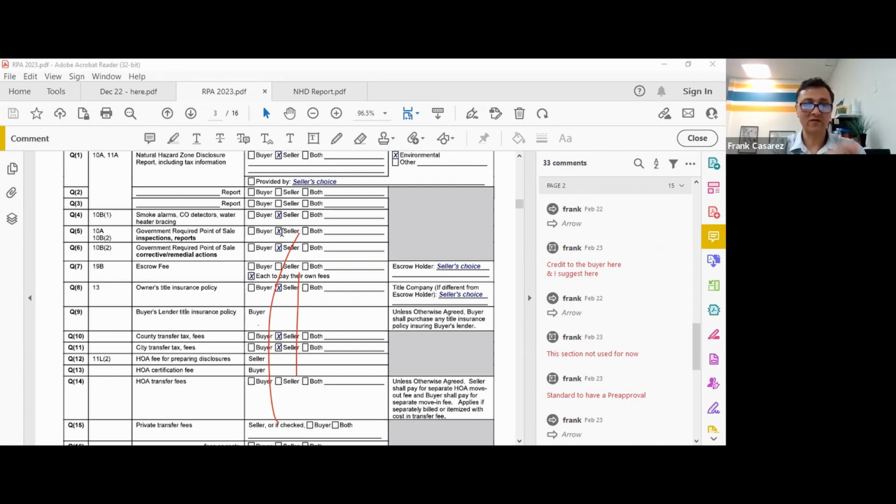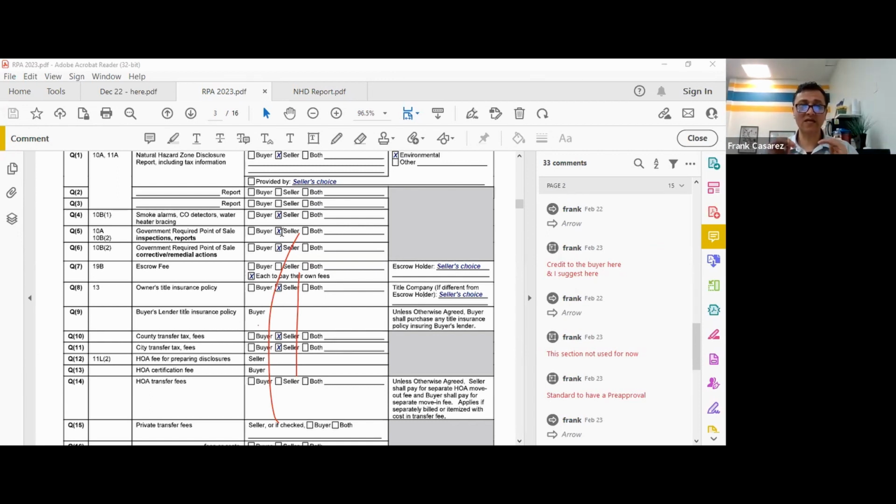Whether it's seller, whether it's buyer, but somebody's got to do it. Usually, cities that have that policy are going to have some kind of affidavit where the buyer signs something saying, okay, I'm buying it. I understand the issues it has, and I'm taking responsibility for correcting those things after the fact. That's usually how things work out there.